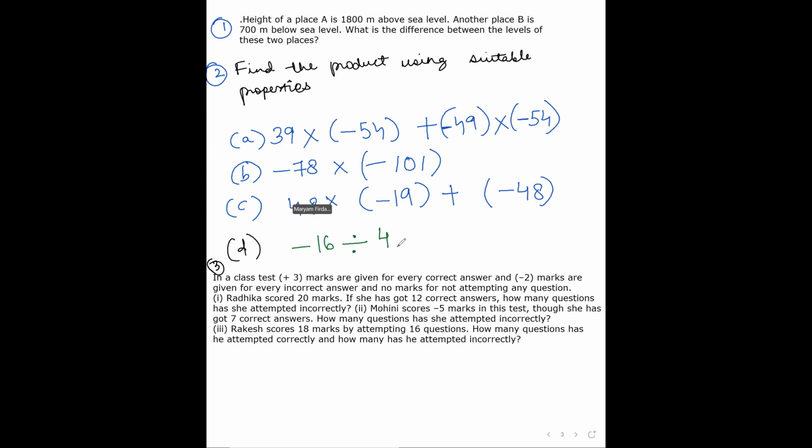First I did 39 multiplied by minus 54. Okay. So you multiplied them. Yes. Hiba, you are supposed to use properties. Which property can you use over here?